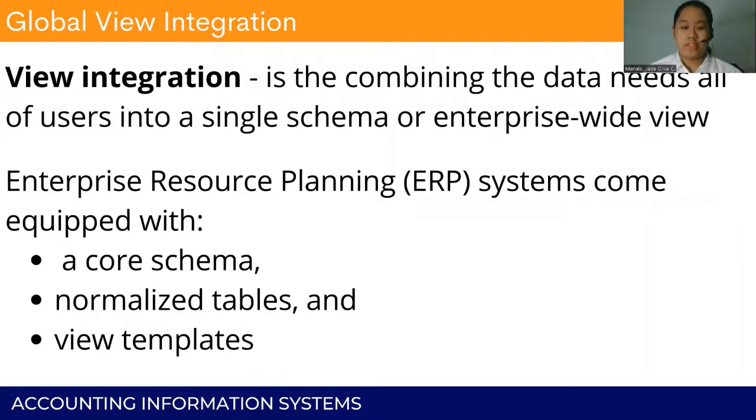Global view integration. A contemporary business might require hundreds or thousands of views and related tables. View integration is the combining of the data needs of all of the users into a single schema or enterprise-wide view. To facilitate this task, modern enterprise resource planning, or ERP, systems come equipped with a core schema, normalized tables, and view templates.